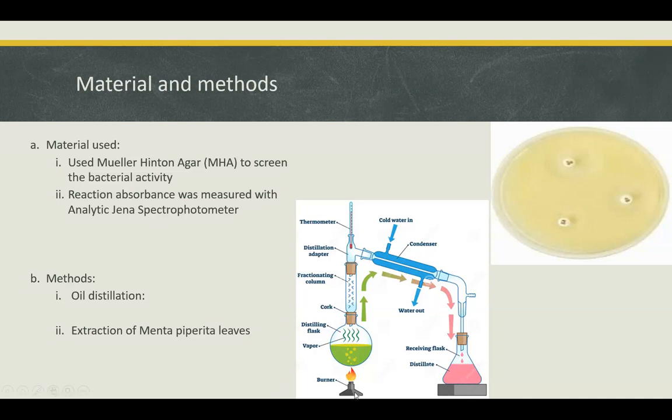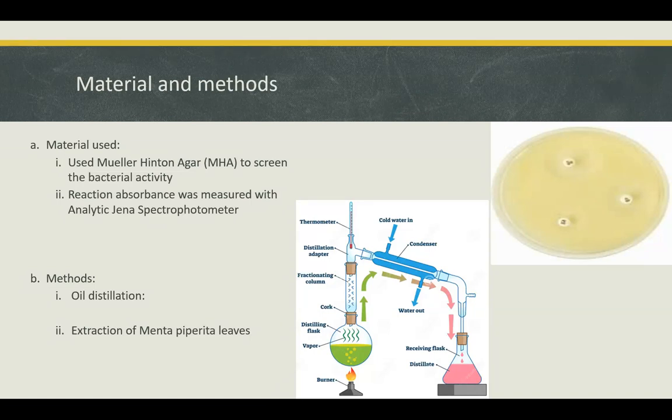The methods used were first the distillation of oil, wherein the dried peppermint leaves were chopped and then heated at 60 to 80 degrees Celsius until no more oil was extracted. Then the oil was filtered and stored in dark bottles at 4 degrees for testing and analysis.